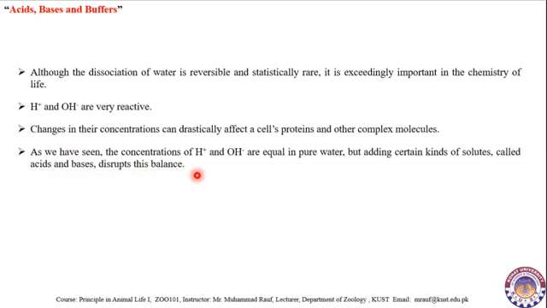When an acid is added, the acid will either increase the concentration of hydrogen ions or decrease the concentration of hydroxyl ions. Similarly, if a base is added, the base will either increase the concentration of hydroxyl ions or decrease the concentration of hydrogen ions.